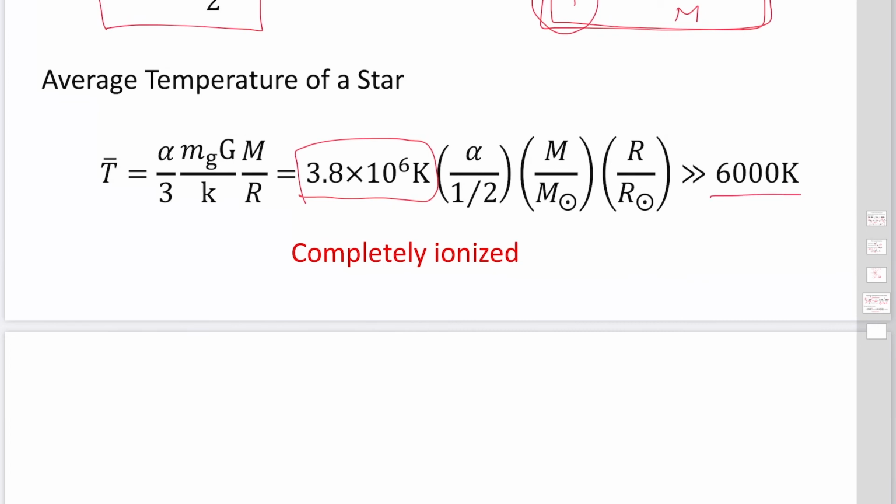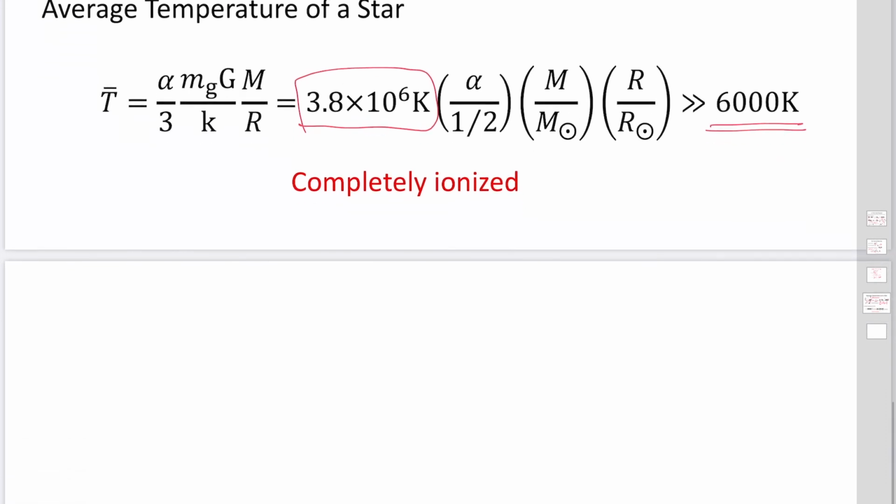This is much higher than the surface temperature of the Sun, which is 6,000 kelvins. So temperature is increasing inward. Now consider the ionization of hydrogen atoms.